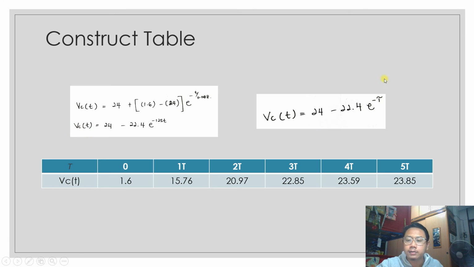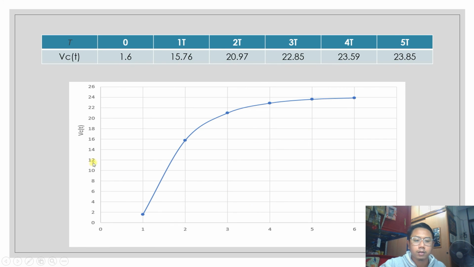By using this equation, VC(t) equals 24 minus 22.4 e negative tau, and we just enter the value of tau using the calculator. Next, how to sketch the graph of this table? Using this table, we just sketch the graph, which is like this one. We make VC(t) versus tau here, and we enter the values from the table.